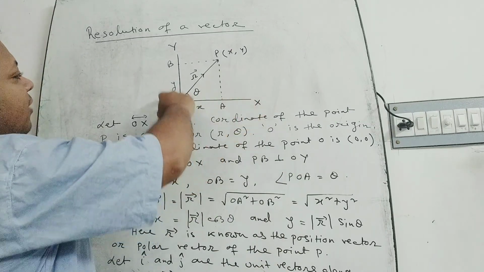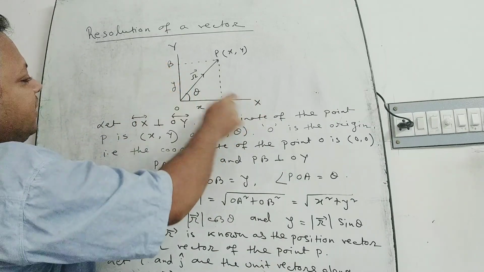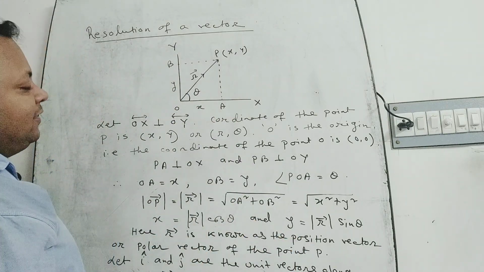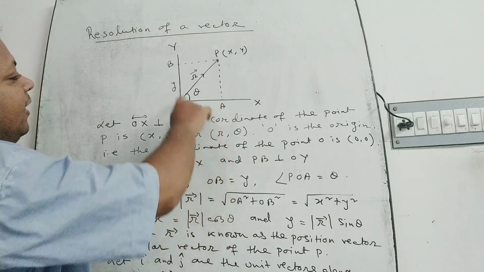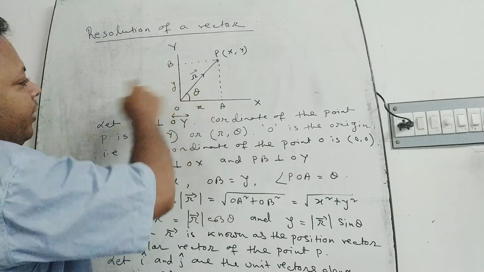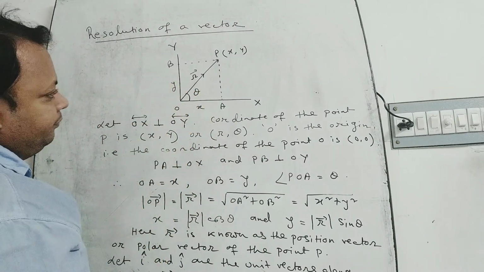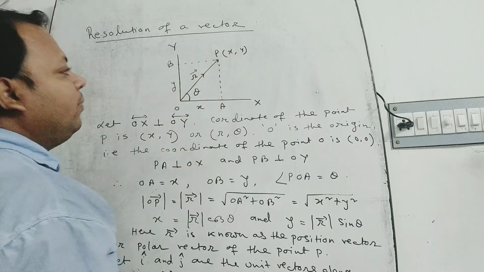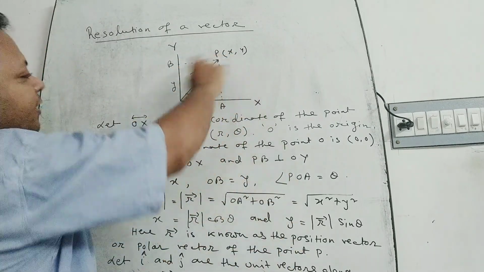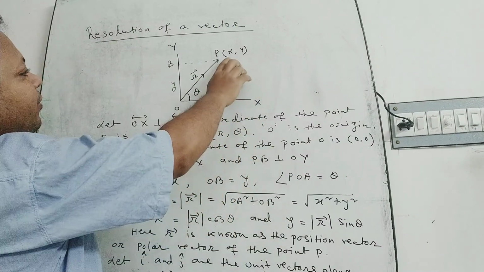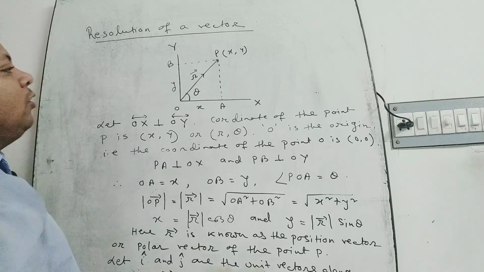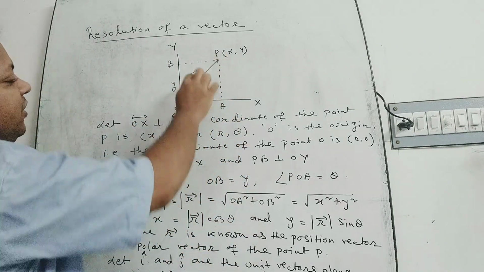here OX and OY are two mutually perpendicular axes. That is, the angle between OX and OY is 90 degrees. P is a point on the xy plane. The Cartesian coordinate of the point P is (x, y), and the polar coordinate of the point P is (r, theta).